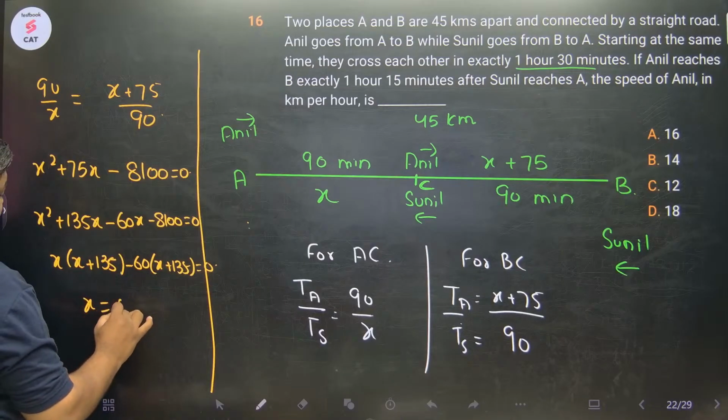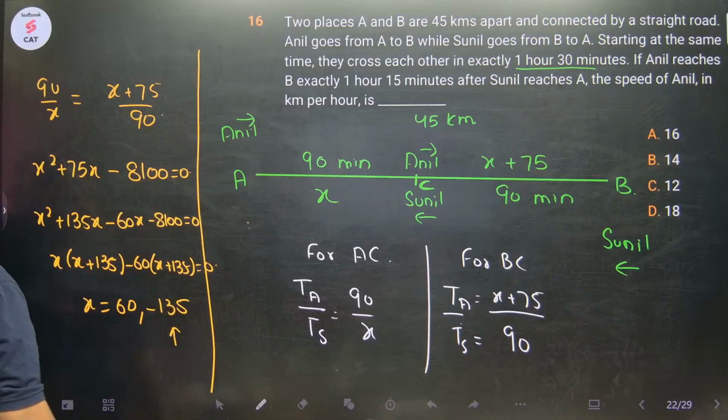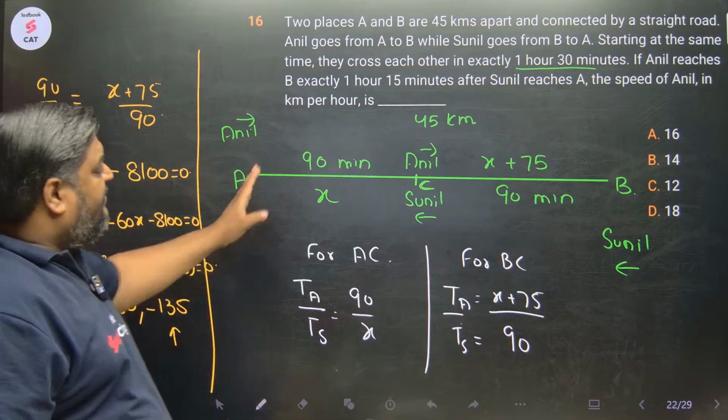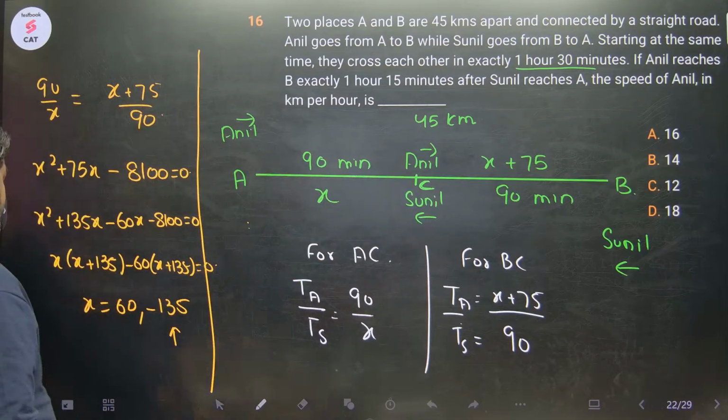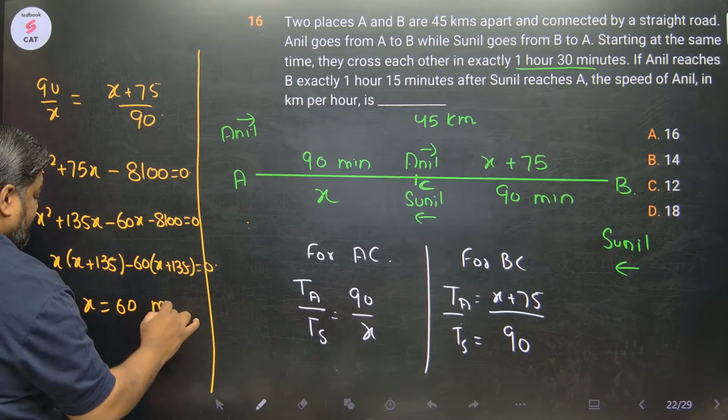So x is either 60 or minus 135, but x cannot be negative. टाइम तो नेगेटिव नहीं हो सकता है ना. So x is 60. So x is 60 minutes. Sorted.